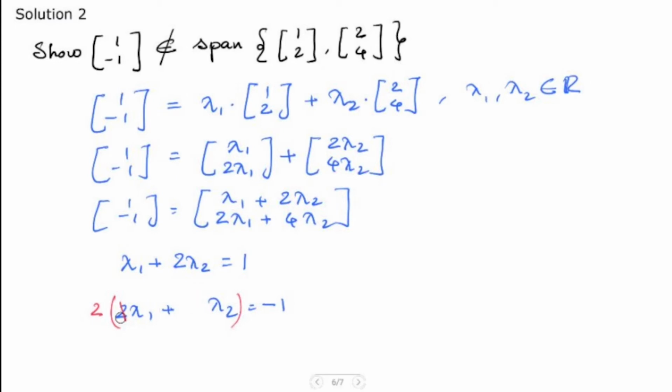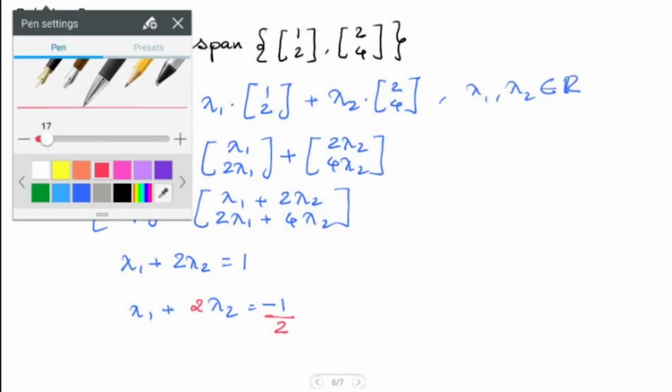This here is lambda 1 plus 2 lambda 2, and 2 times that. Now the 2 here, which is multiplying, will go on the other side and divide. So it will be minus 1 divided by 2, right? So this is gone from here in that case. Then we don't need to multiply it and put the brackets.